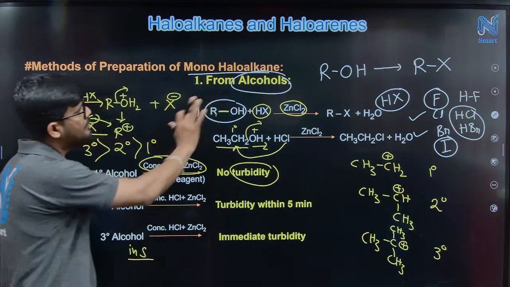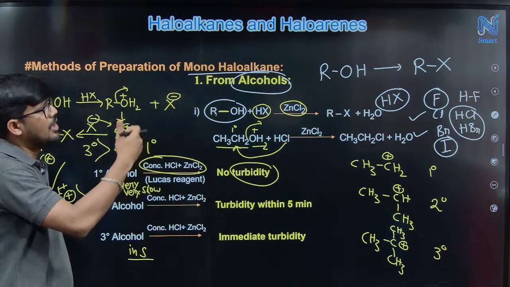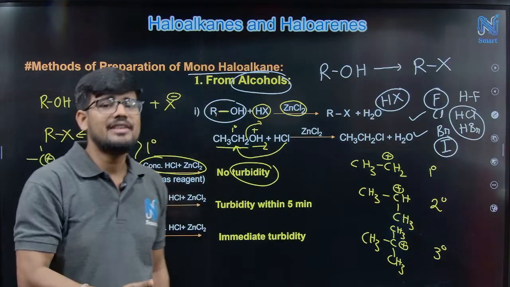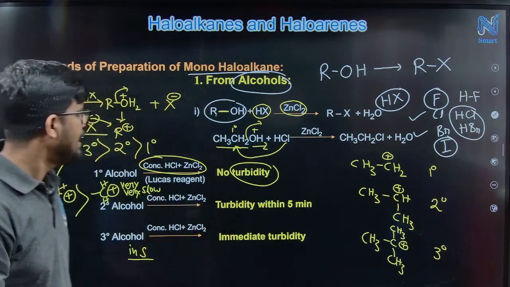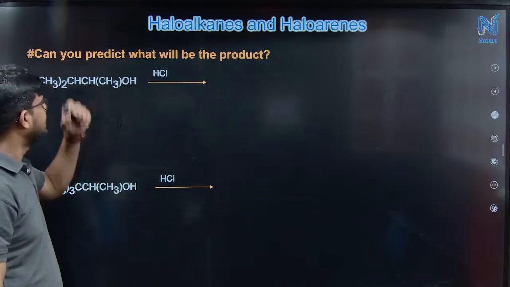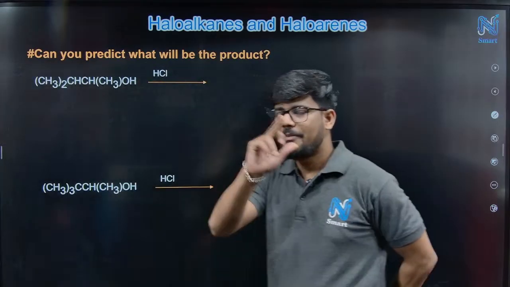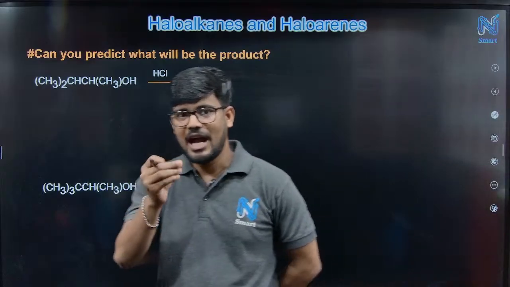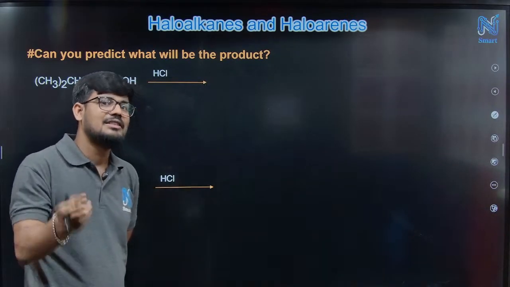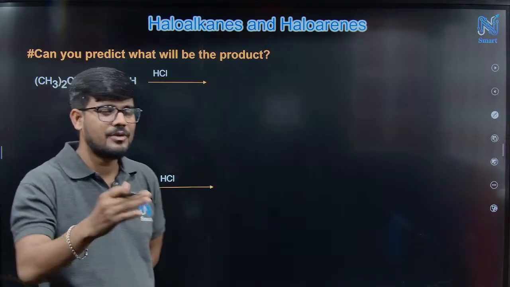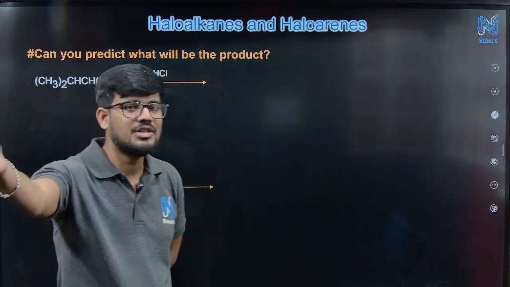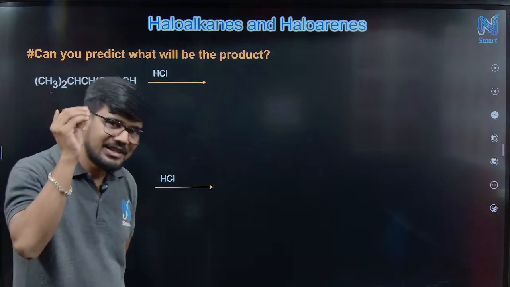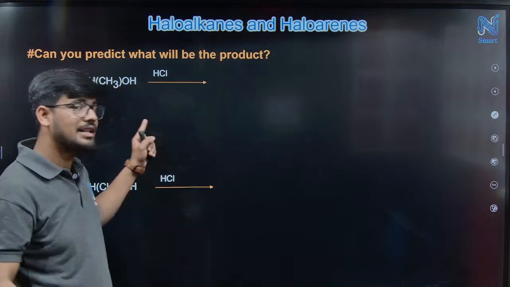This is the addition of HX, or how you get alkyl halide from alcohol. Now next part, here we have these two questions. Remember, in the last slide we discussed that if a carbocation is there and there is any chance of rearrangement, then it will happen.